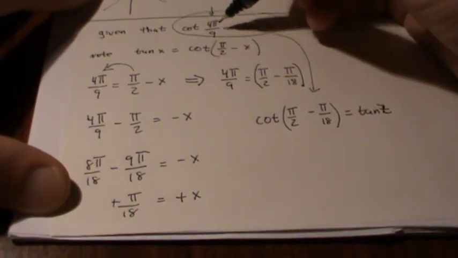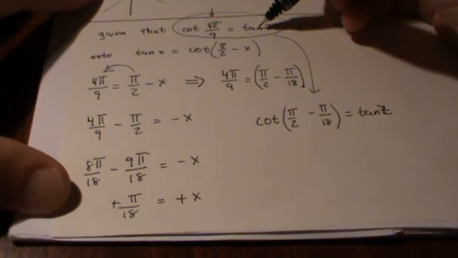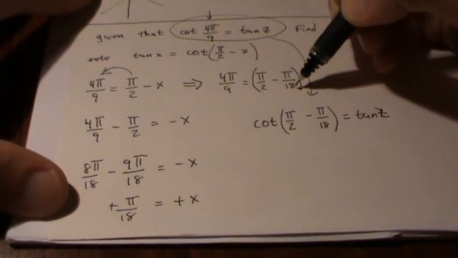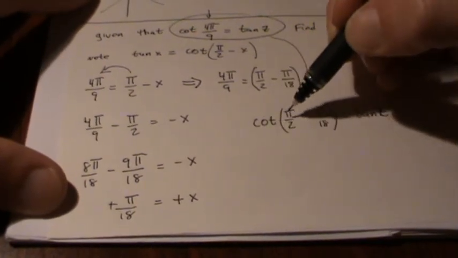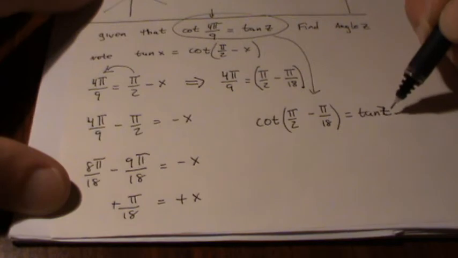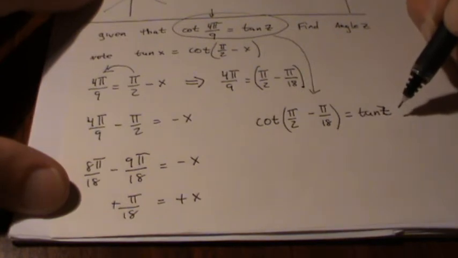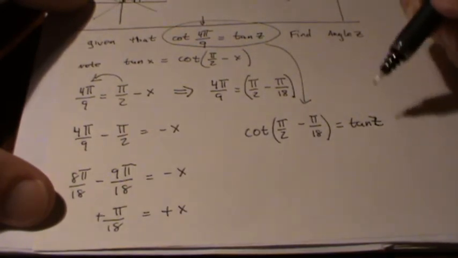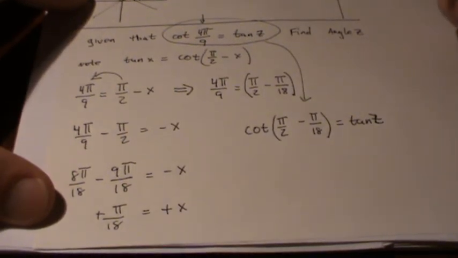So cotangent of 4 pi over 9 is equal to tangent of z. Since 4 pi over 9 is equal to pi over 2 minus pi over 18, then cotangent of pi over 2 minus pi over 18 is equal to tangent of z. Hopefully you followed that logic. If it didn't make sense, rewind it and make sure you got it down.